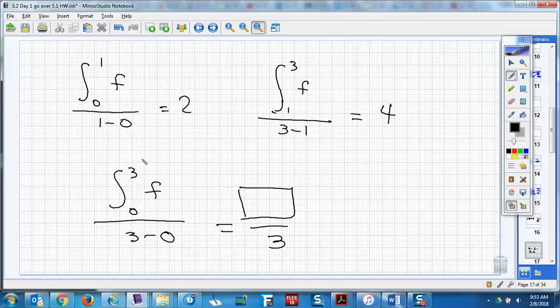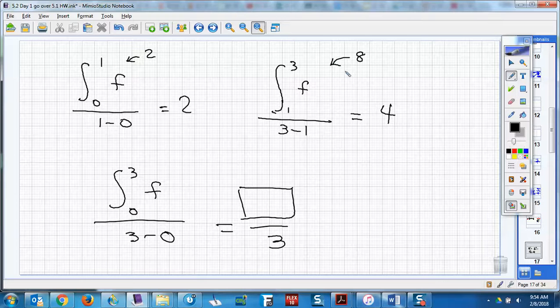So that's using that other formula that we talked about. The area from 0 to 1 plus the area from 1 to 3 should be the area from 0 to 3, right? So if I take this 1 and multiply it over here, well, that would just still be 2. So this area is 2, right? And then here you got a 4 and you multiply it over there, you get 8, right? So this area must be 8 right there.